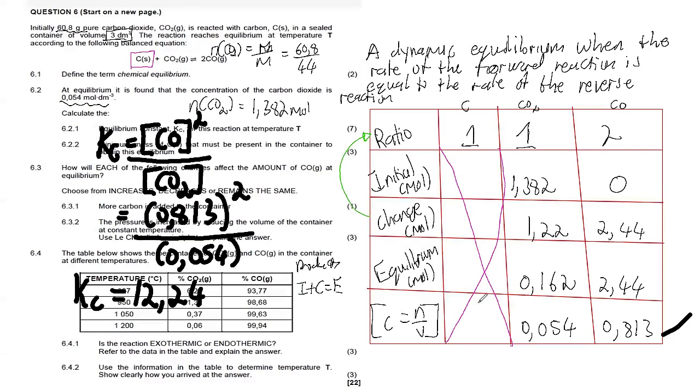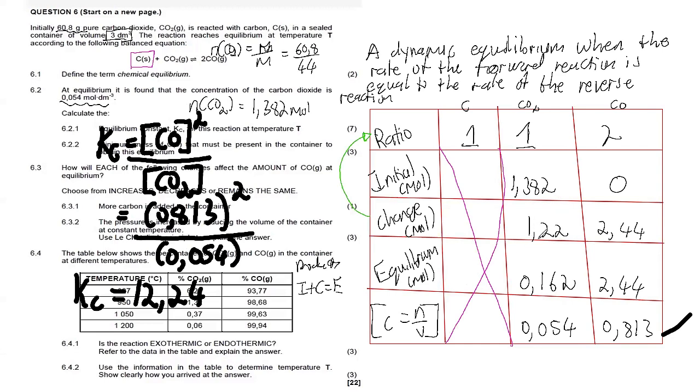Then 6.2.2 says the minimum mass of carbon that must be present in the container to obtain this equilibrium. If we go back here, you will find that the change in the number of moles of the carbon dioxide is 1.22, right?